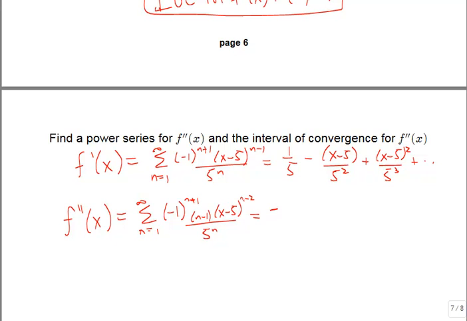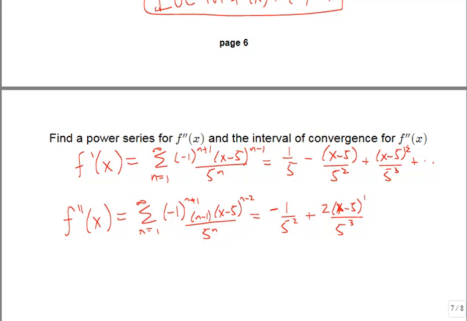This will become a 1, and this will go to 0. So the top is just a negative 1, and we'll get a 5 squared on the bottom, which is exactly the derivative of this term right here. This term went to 0. When n is 3, we're back to a positive. 3 minus 1 is 2, and we'll get an x minus 5 to the first, and we'll get a 5 cubed on the bottom, which is exactly the derivative of this term.